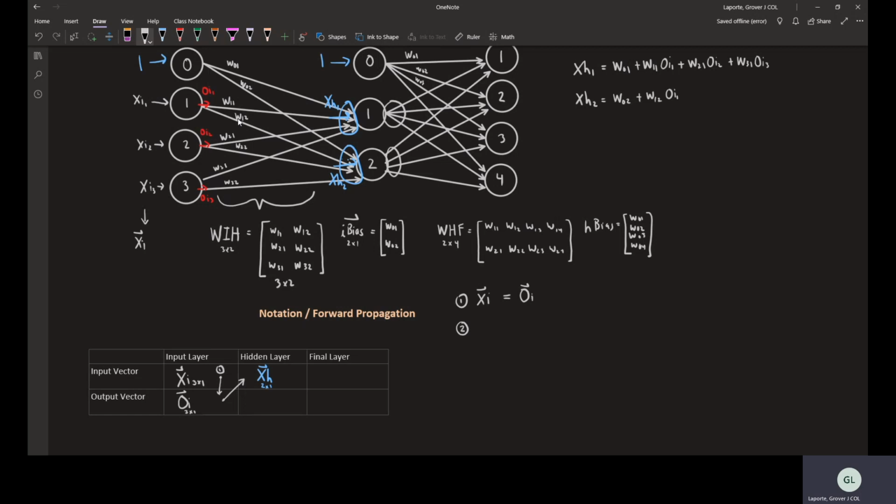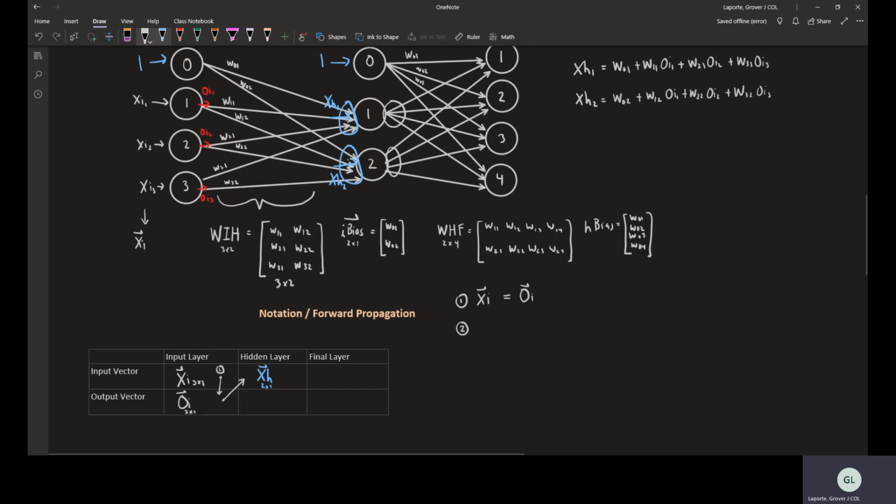The next one is W22, so plus W22 OI2, plus W32 OI3. And again, just trace this thing back and make sure that makes sense, and it does.